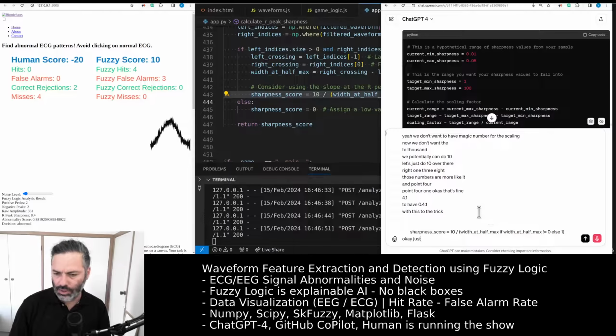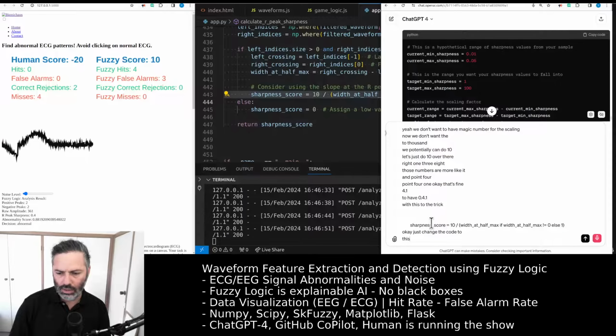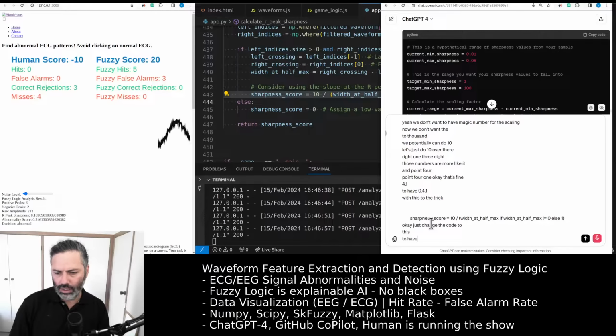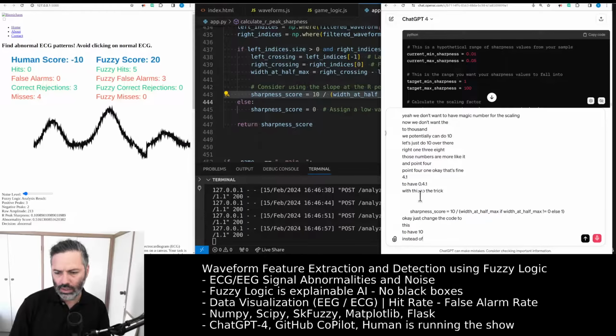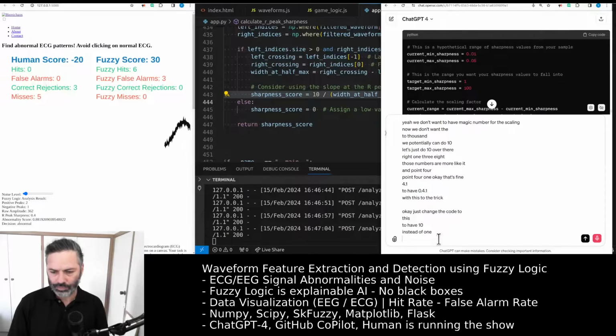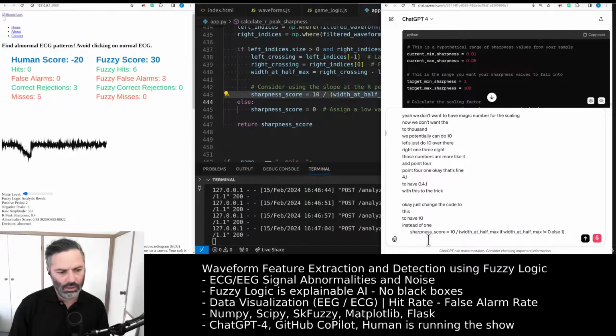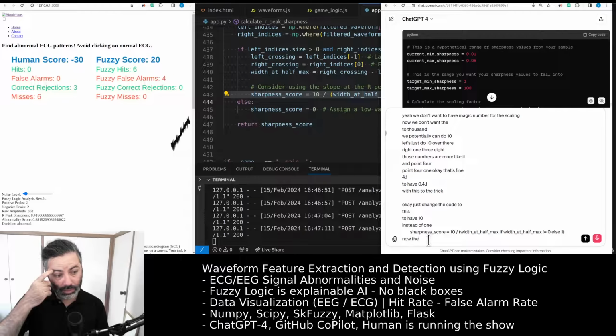Okay, we just changed the code to this to have a 10 instead of 1. Now the values seem to be correct.